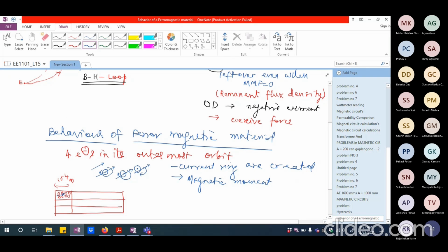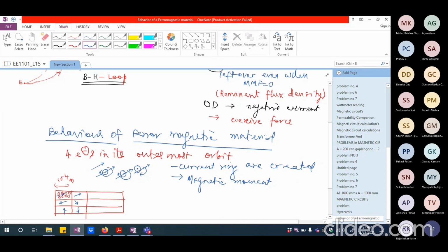This domain may have a magnetic moment in this direction, whereas this may have a magnetic moment in this direction, and another domain in this direction, and so on. So I'm going to have many domains having magnetic moments in all sorts of different directions.